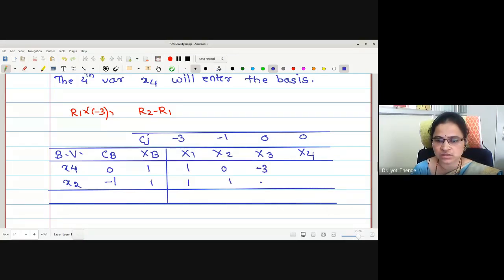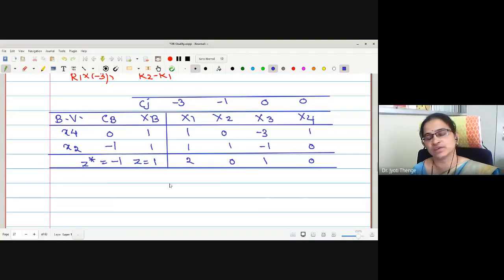X3 is minus 3, minus 1. X4 is 1, 0. And Z star at this stage is minus 1. That of Z is plus 1. Net evaluations are 2, 0, 1, 0. Okay, now check whether the solution is optimal and feasible both.